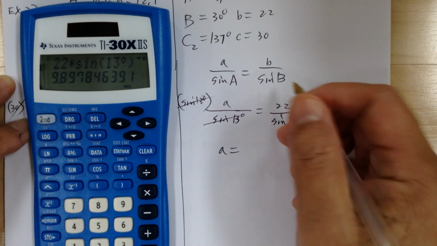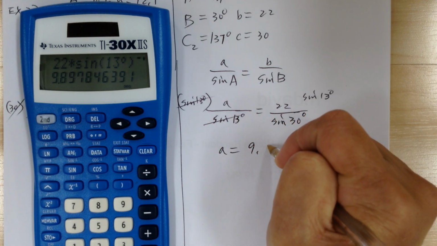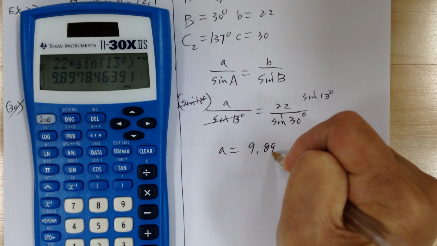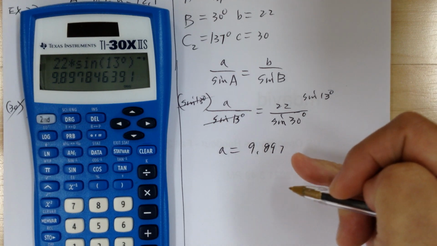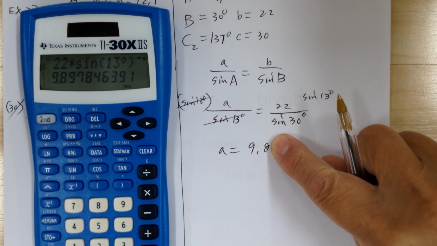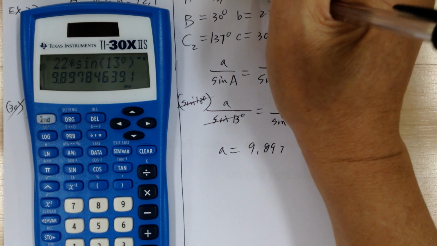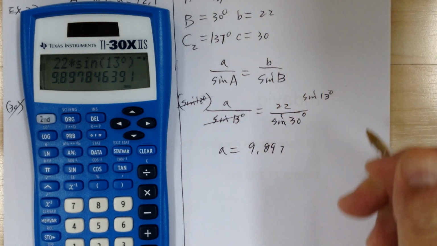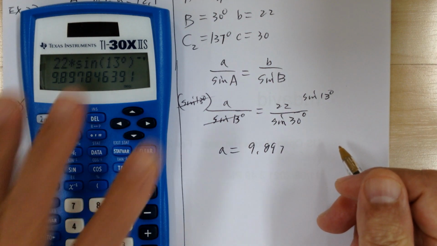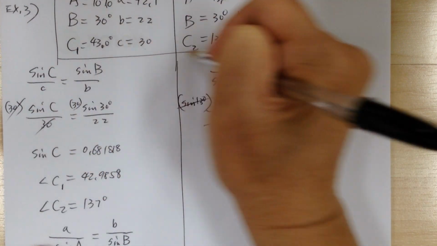Equal, so you're going to get 9.897, whatever, but when you round it off, it's going to give you 9.90. And that's it. So you have two possibilities.